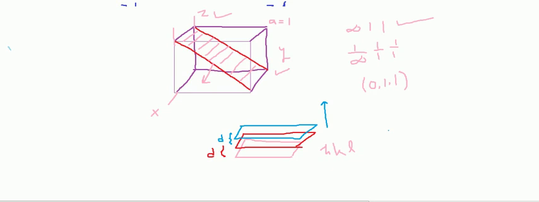Then there is a particular formula that relates this spacing between the planes and the Miller indices. The formula says that given the Miller indices of a plane, you can calculate the separation d, which is equal to a, the lattice vector, divided by the square root of h squared plus k squared plus l squared.